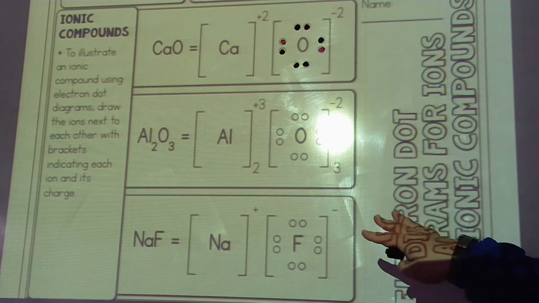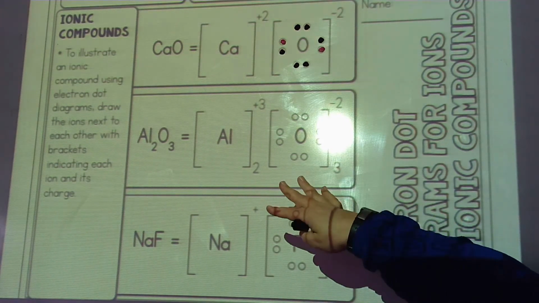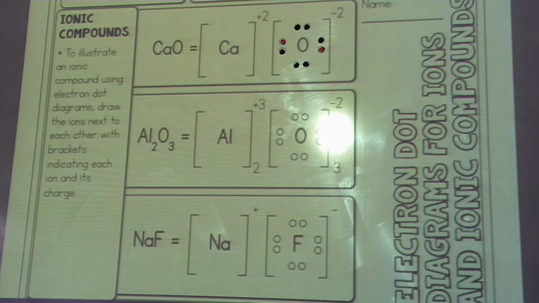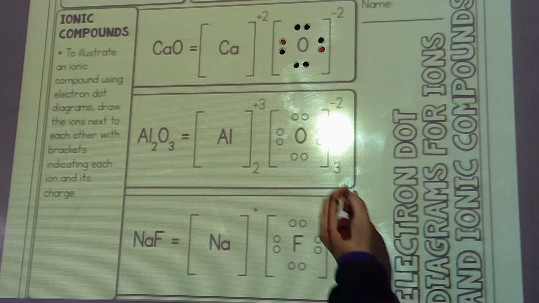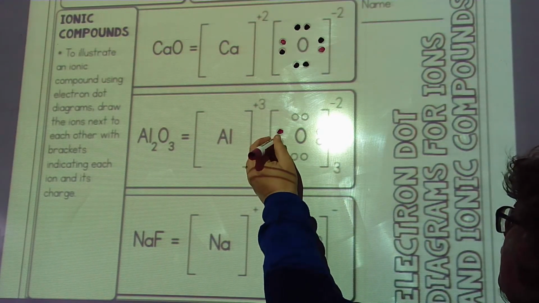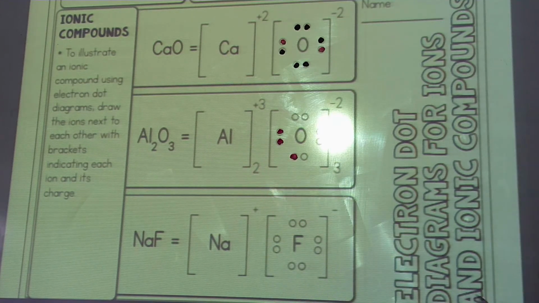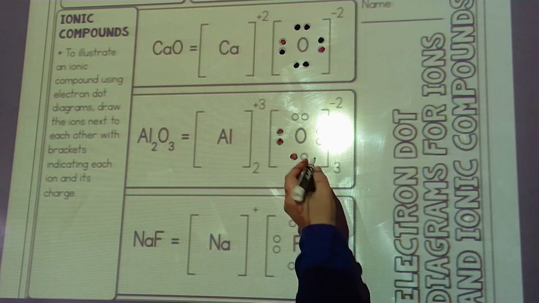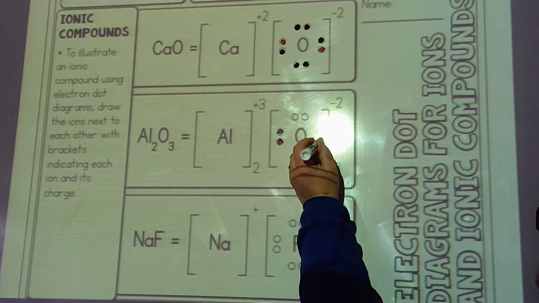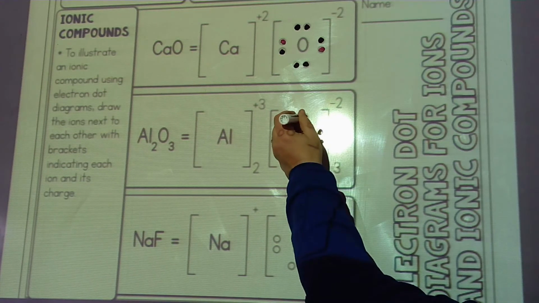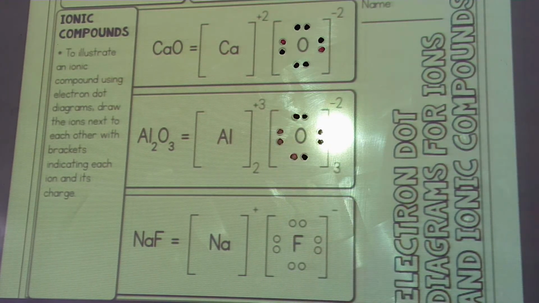Now, this aluminum oxide here, aluminum had 3 valence electrons. It loses them, right? Gives them up to oxygen. We'll draw them in here. And then oxygen has its 6. Whoa, you say, but you only colored in 5.